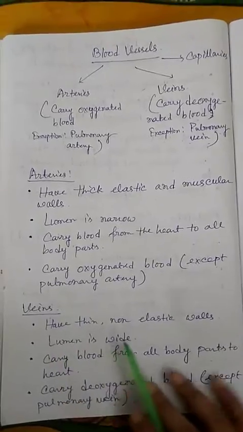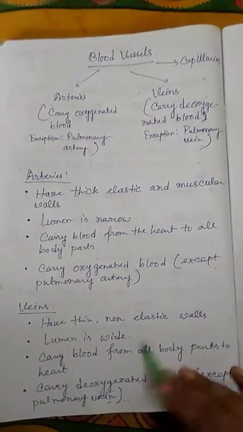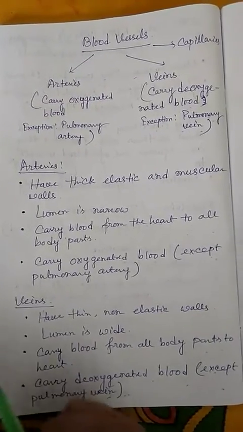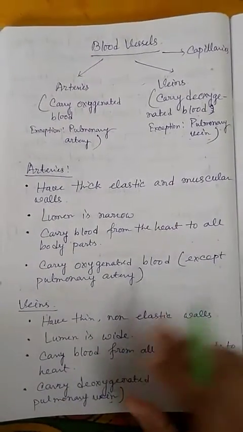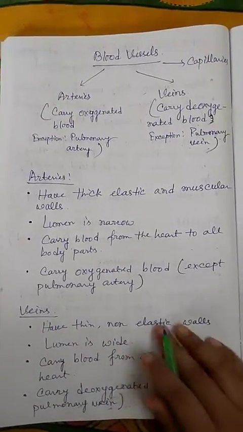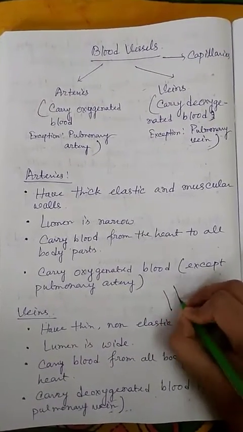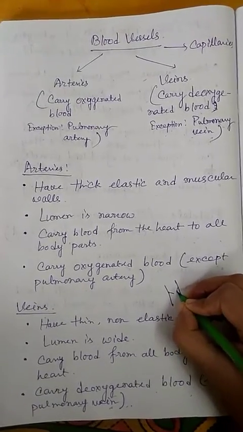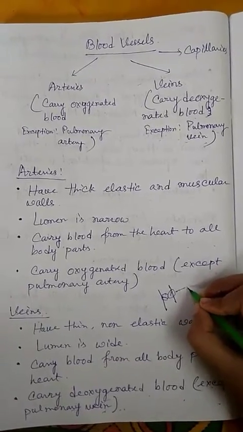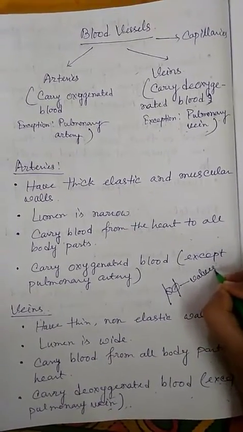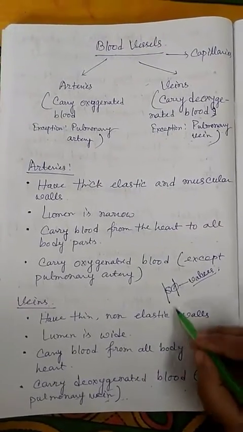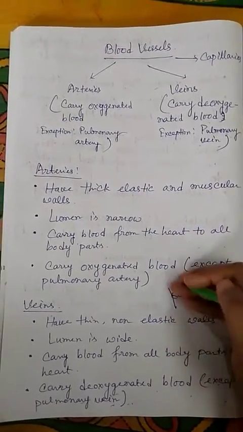On the other hand, veins are very thin because they carry blood from all over the body parts to the heart, so there is very low pressure. But very interestingly, veins have some valves, a kind of restriction. That's why when the blood is traveling through the veins, it cannot go back.